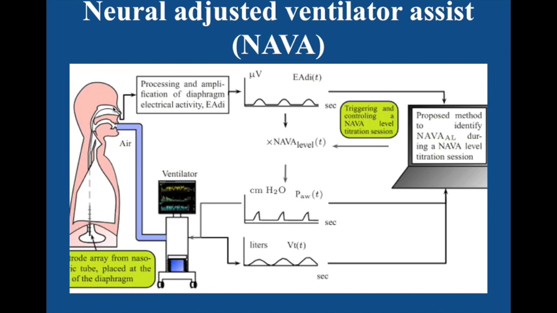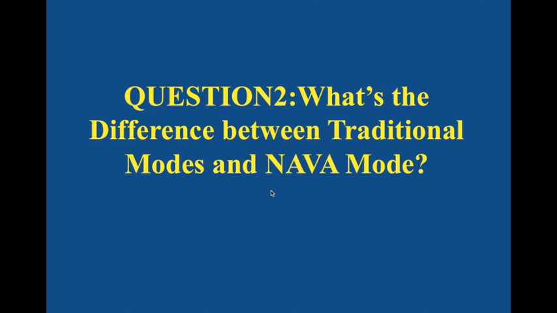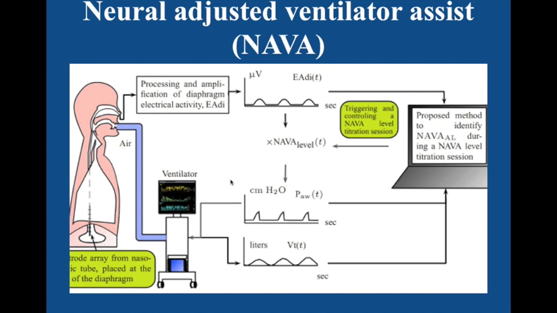We put a catheter in the patient to the diaphragm, and then the catheter will sense the electrical signal from the diaphragm, and the signal is input to the computer, which can synchronize the ventilator breath and the patient breath.